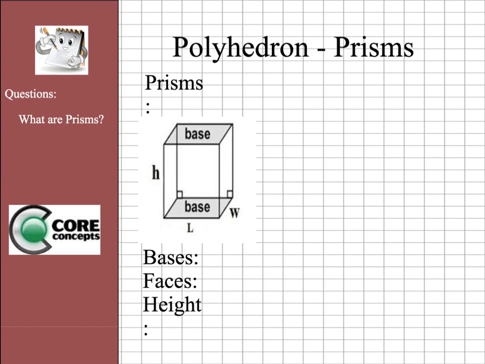All right, so let's look at a type of polyhedron, something called a prism. Okay?